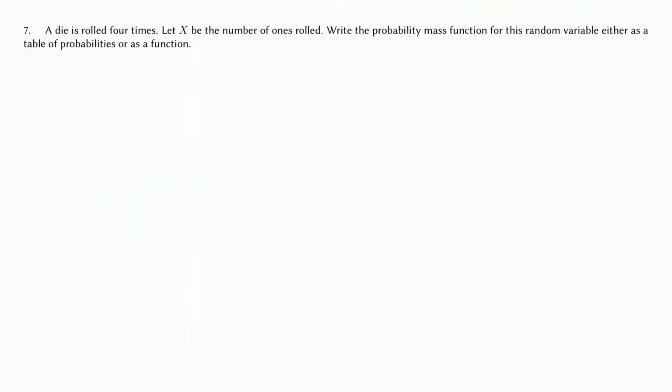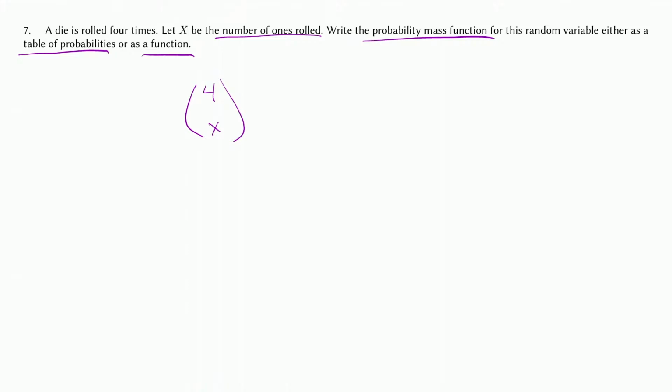Let's see, this one, probability mass function. This is just a straightforward binomial random variable. The probability function is just the probabilities. You could either do it as a table of probabilities or as a function. You're rolling a die 4 times, counting the number of ones. So you have 4 choose x.